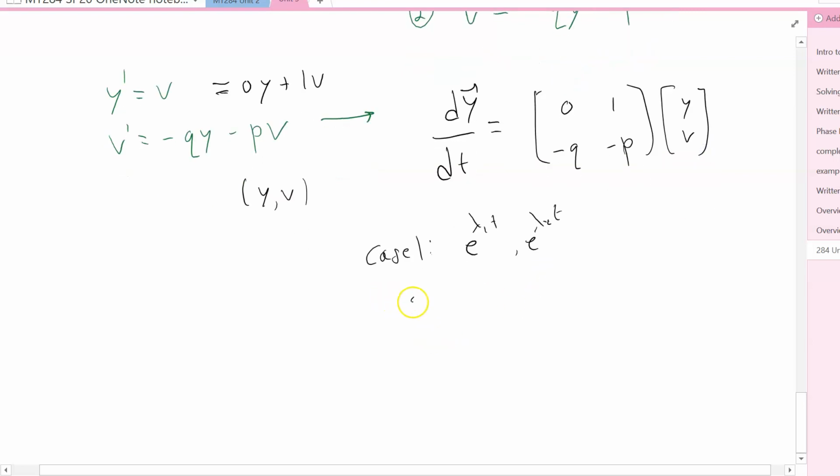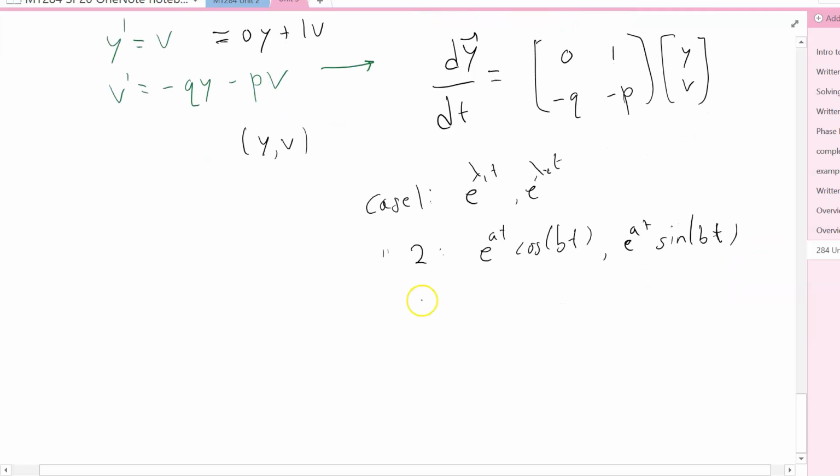Or we're in case 2, where we're going to have e to the at cosine of bt and e to the at sine of bt. We have a complex eigenvalue. Or we might end up, if we're in the third case, just with our eigenvalue lambda 2 and constants.